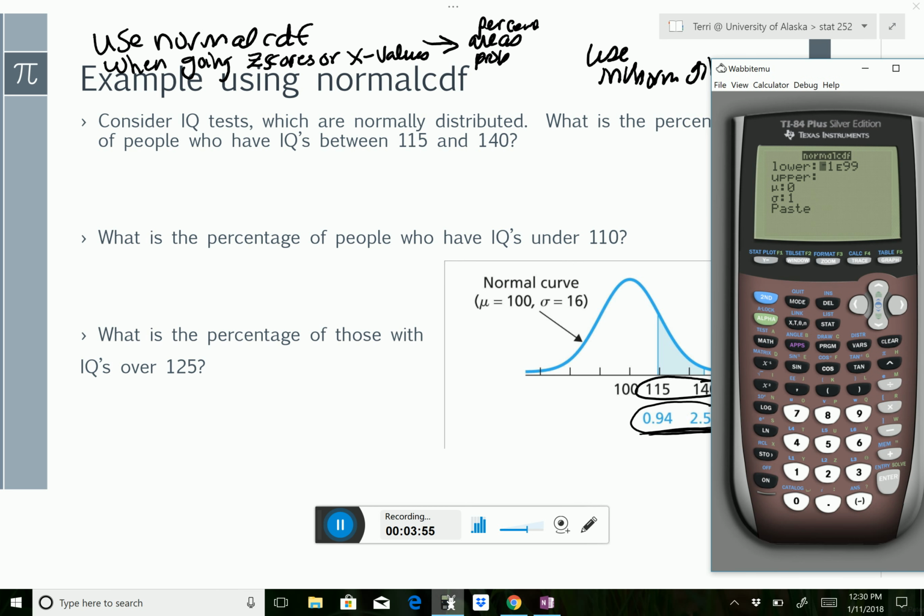Okay, so let's find this. So we want normal CDF. Those of you who do not have a menu that comes up, you're going to put in your lower first, which is 115, comma your upper, which is 140, comma our mu, which is 100, and our sigma, which is 16.